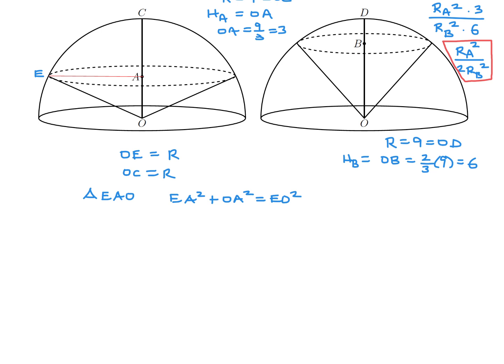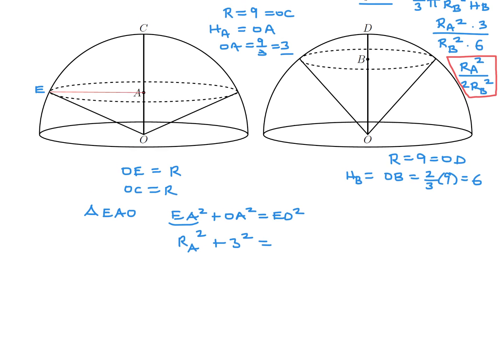That actually would be the radius of A. This is the radius of A in terms of what we are looking for. OA we know, that's up here. EO is the radius of the sphere, and that had previously been called 9. Okay, so that means RA squared would be 81 minus 9, which is 72. All right, so that's actually very helpful.